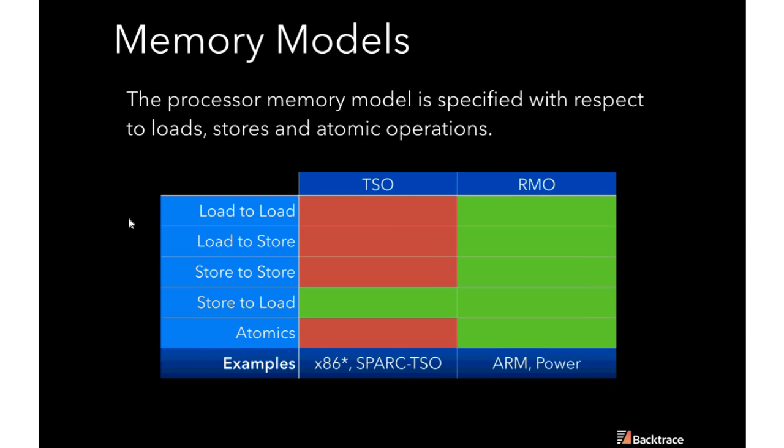So if an atomic operation executes, all prior operations are serialized with respect to that atomic. Relaxed memory ordering architectures are also ubiquitous. ARM processors, for example, which is probably what's running on most of your phones, can reorder pretty much any memory operation with a few exceptions.